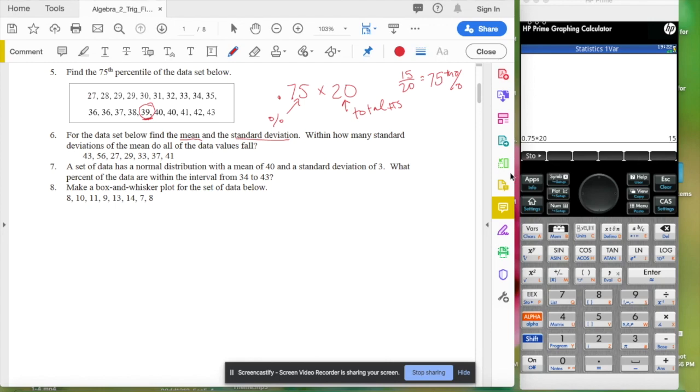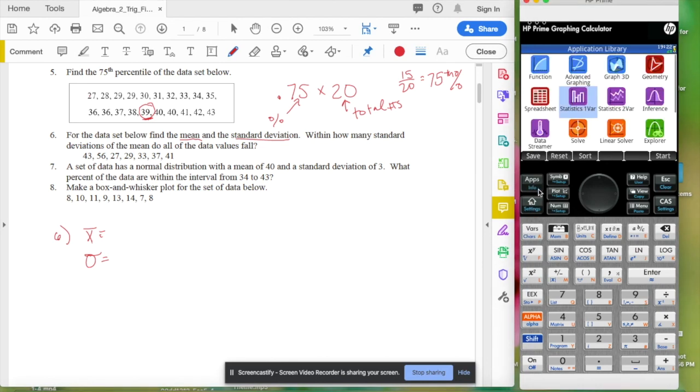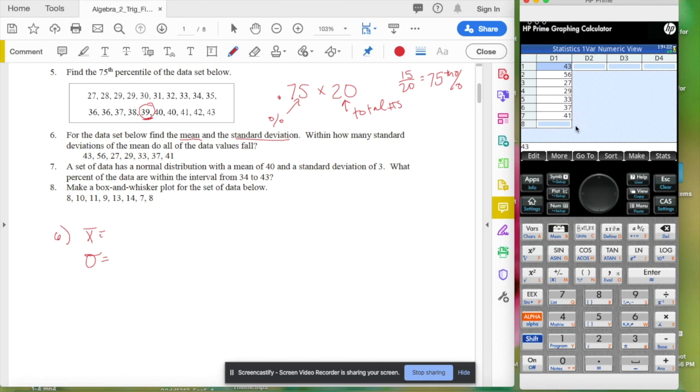So first we need to find the mean and the standard deviation. Usually for the mean, you're going to have a little x with a bar sign over it, and the standard deviation, remember, is like that circle with the hat. If you have an HP Prime, you're going to go to settings, to apps, and make sure that you're in 1 statistics. You're going to enter this all in.